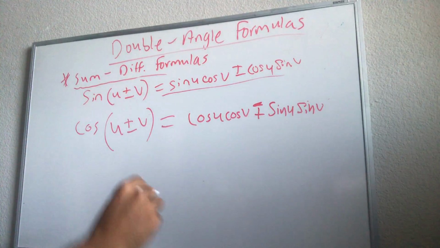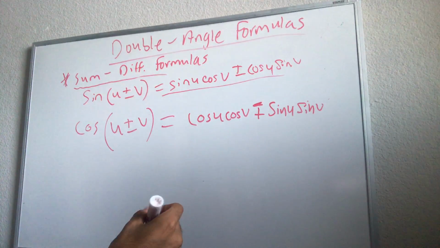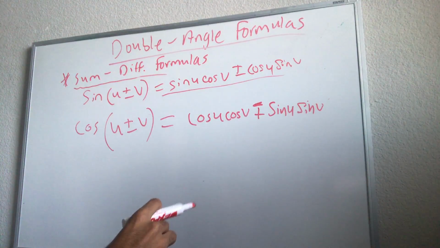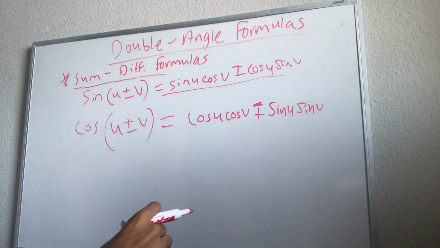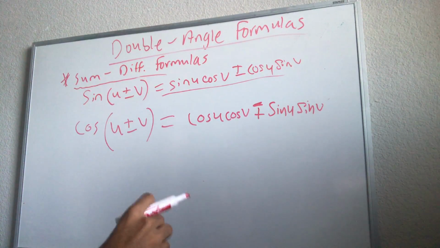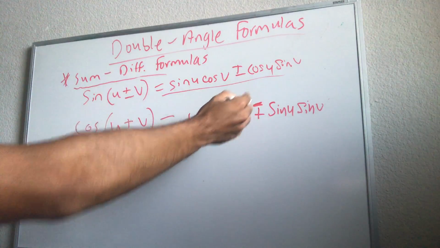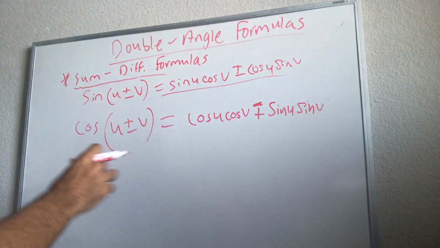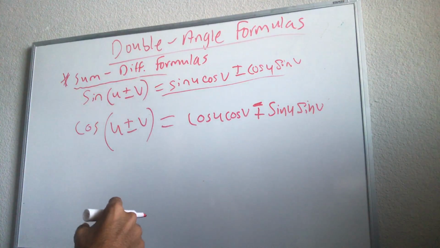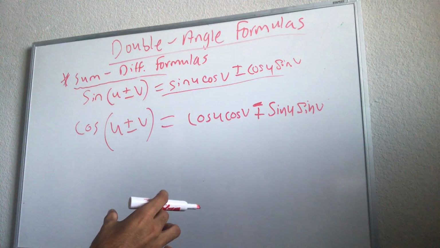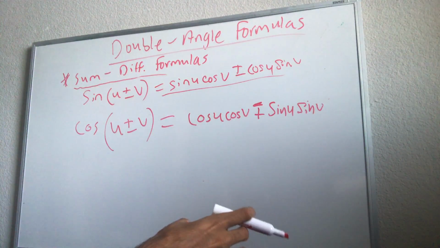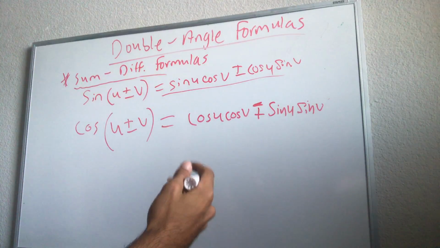Whatever you have, say cosine of u plus v, you always do cosine of the first angle multiplied by cosine of the second angle. However, because it was cosine of u plus v, you want to use a subtraction. The way I remember it is by what is inside the parentheses. In cosine of u plus v, you have this factor minus sine u times sine v.